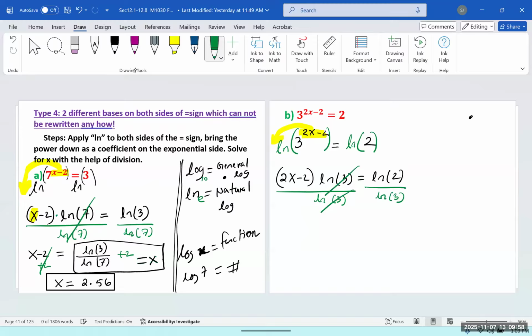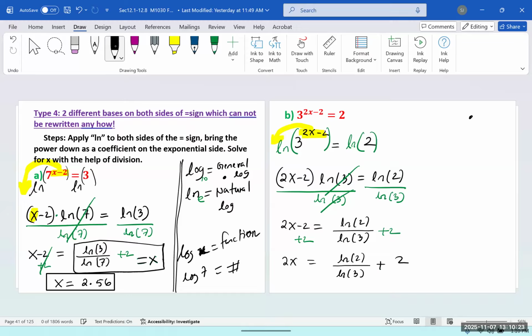On the left side we have 2x minus 2 equals ln of 2 divided by ln of 3. I got rid of the 2, so that's plus 2, so it's going to be 2x equals exactly ln of 2 divided by ln of 3 plus 2. And I divided it by 2 to get x.